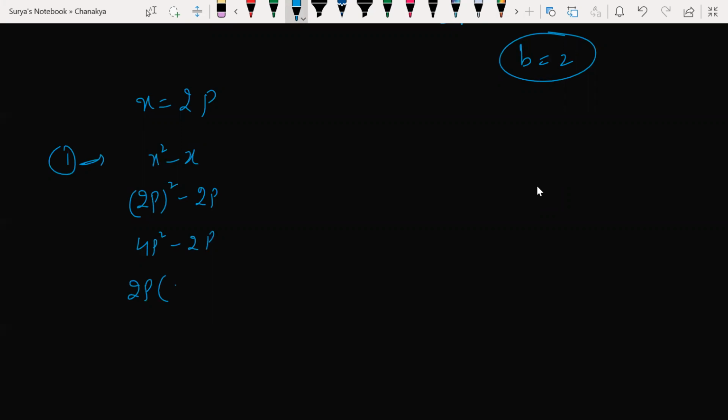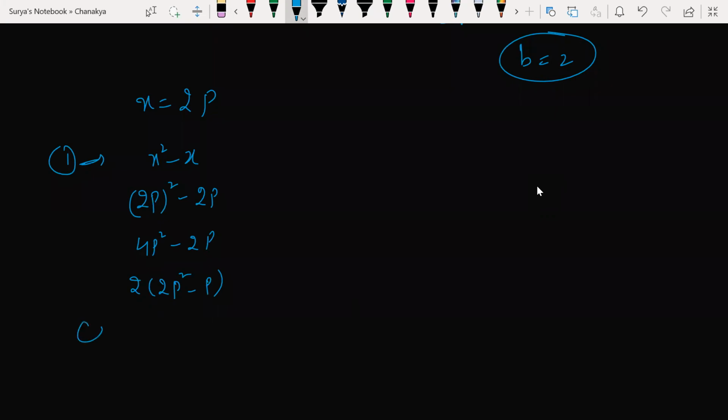2p common is nothing but 2p minus 1, or else we'll do one thing, 2p common or 2 common. If you take 2 common, what are we left with now? 2p square minus p, correct? Now look at this here.